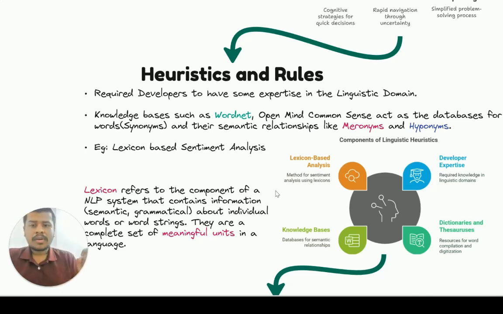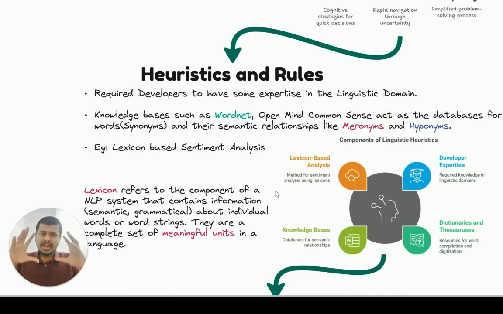The other thing we can observe in the heuristics and rules approach is that people started digitizing the dictionaries and thesaurus. All of the dictionaries were digitized. They were first compiled properly from the start to the end, and then they were made into a digital format. These digital dictionaries evolved with every iteration, and that is how the knowledge bases came into the picture.